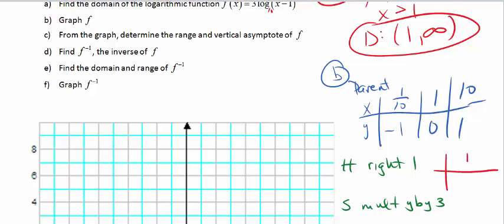So if we're going right 1, that means our x's are going to have 1 added to them. So we have 1 and 1/10, 2, and 11. Our y values are going to stay the same.